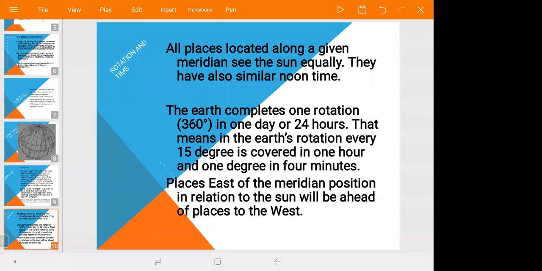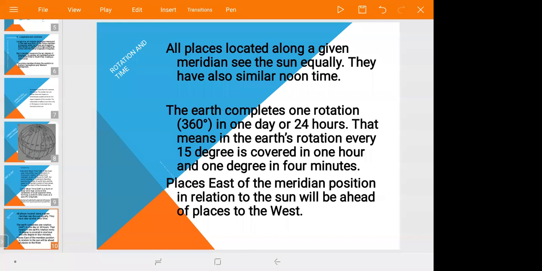To get the time that the Earth needs for 15 degrees, you divide this 360 by 24 hours. The longitude in degree measurement is 360, and it takes in rotation 24 hours. Then you divide this 360 by 24.